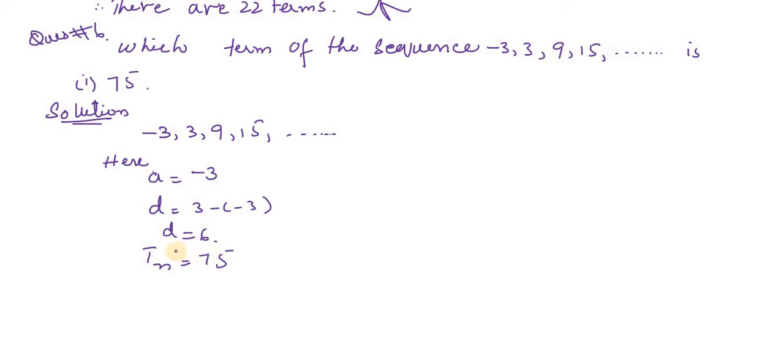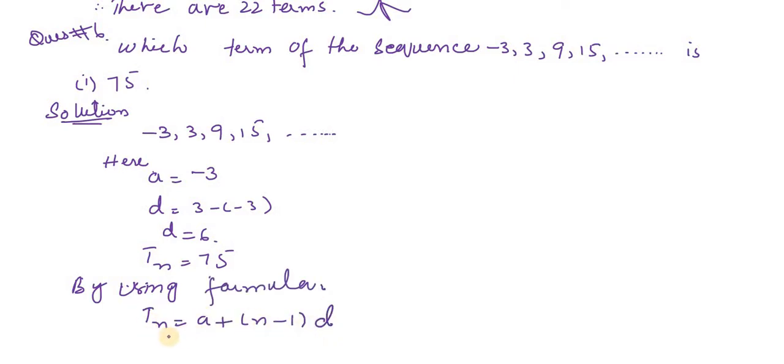So we use the general term formula, the nth term formula. By using the nth term formula, we get Tn is equal to A plus n minus 1 of D.